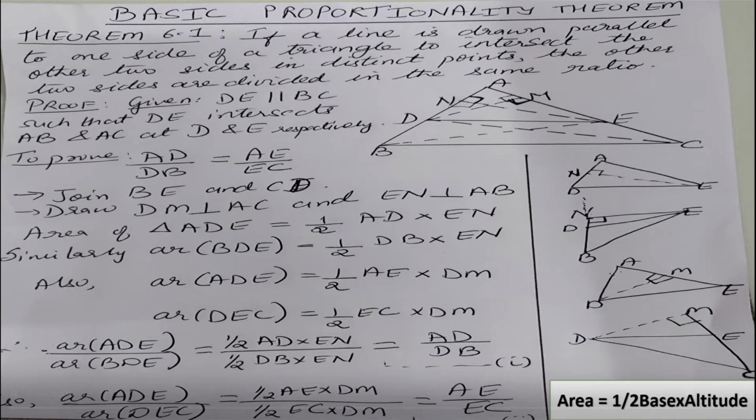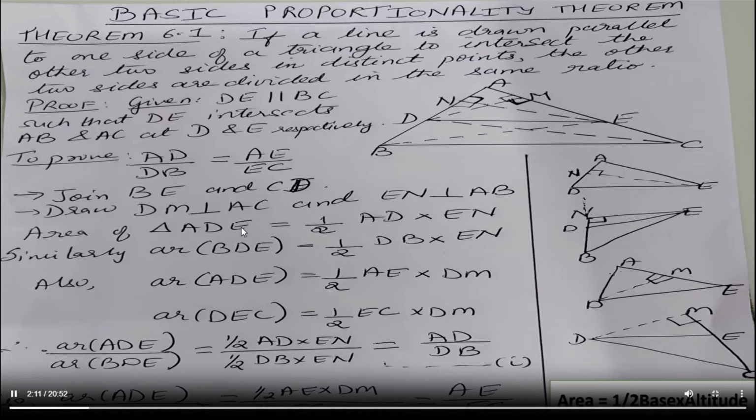Now, we know that area of a triangle is equal to half base into altitude. So now, one by one, we will find the area of the following triangles. The area of triangle ADE is equal to half AD, which is the base, and EN, which is the perpendicular. Similarly, area of triangle BDE.